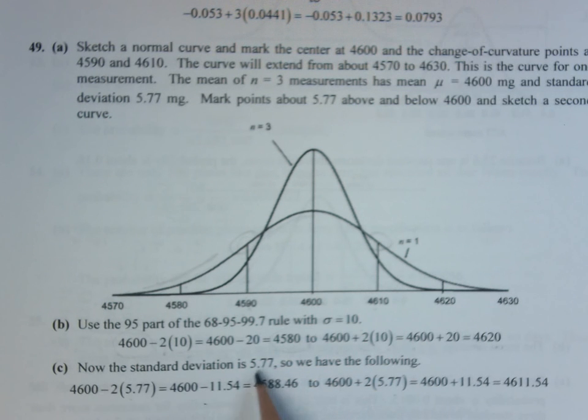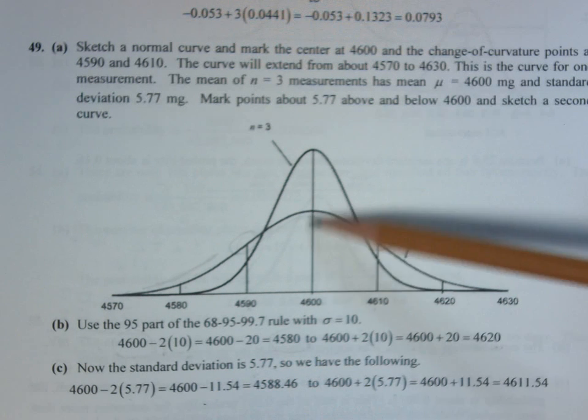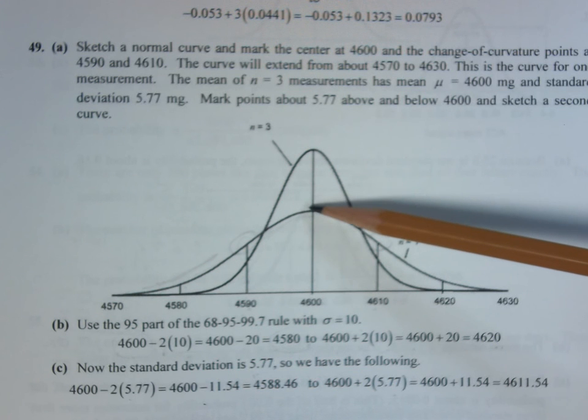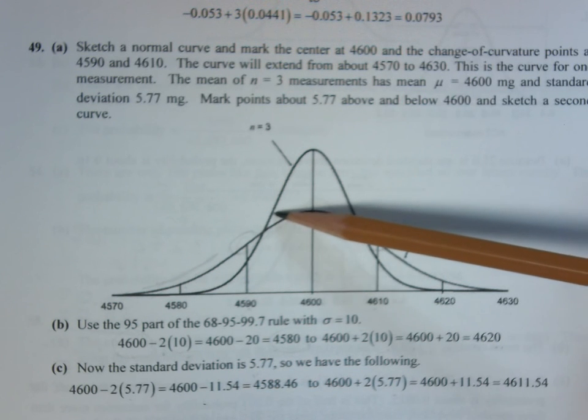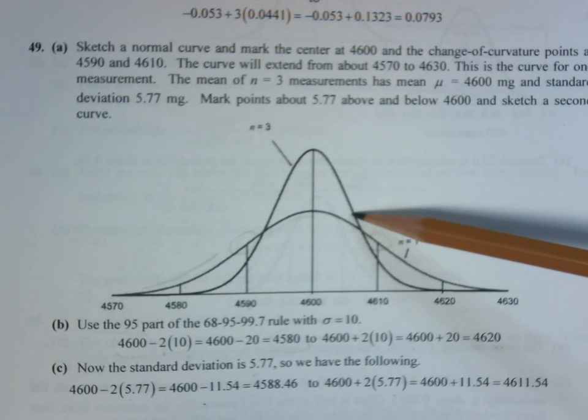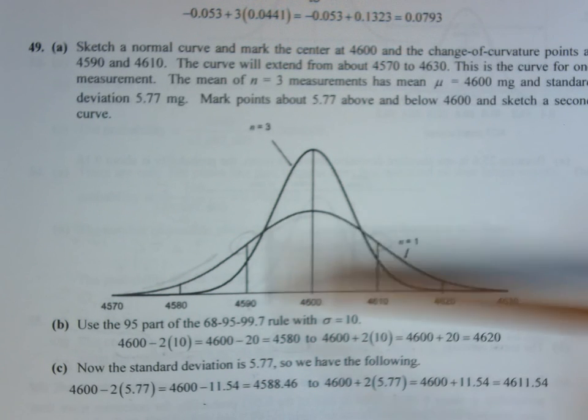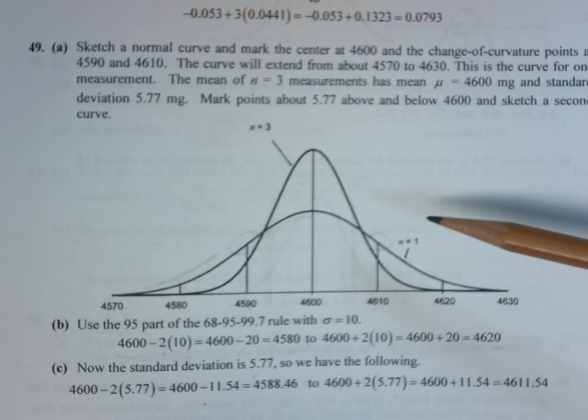Part C says now use the 5.77 from when you took the three measurements, and you can see how our normal curve changes. We still have 4,600 as our mean. However, when I go one standard deviation away to both sides, my new values will be closer to the mean.